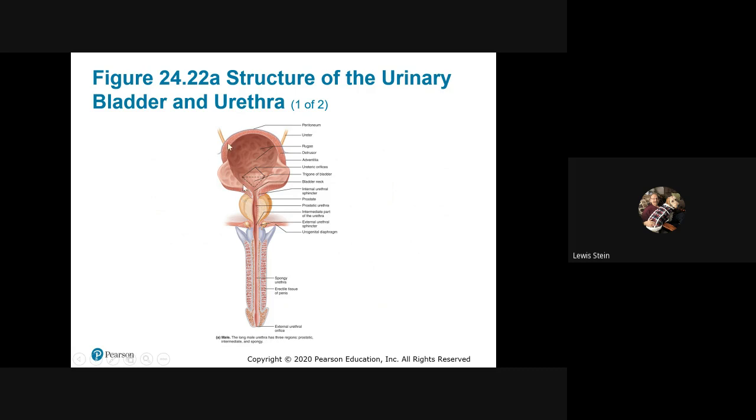So you have an area where you have the urethra, the long tube that exits. It's basically transitional as it goes from sort of inside to outside. So you have three areas: the prostatic urethra, surrounded by the prostate, where it picks up prostatic fluid during ejaculation.